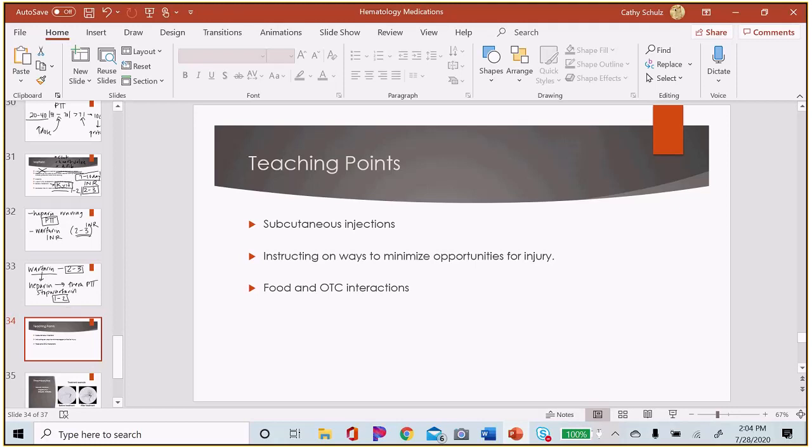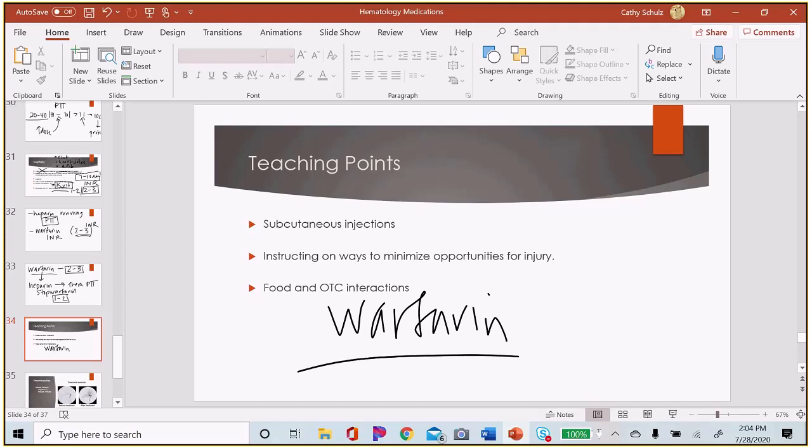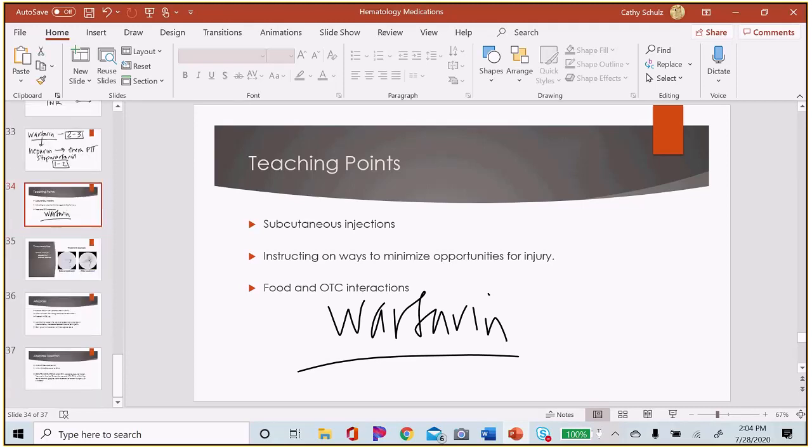And in terms of interactions, we mostly have to worry about warfarin because it has multiple drug interactions, and we have to worry about the dietary interaction with vitamin K. So we will go through that again when we're talking about the math, because that comes into it again, the blood levels.